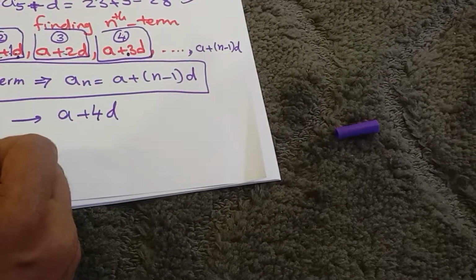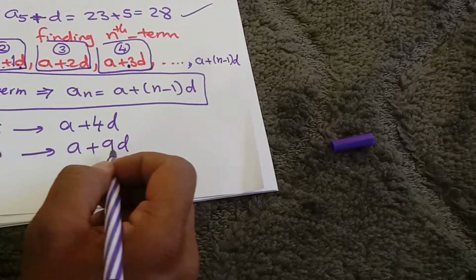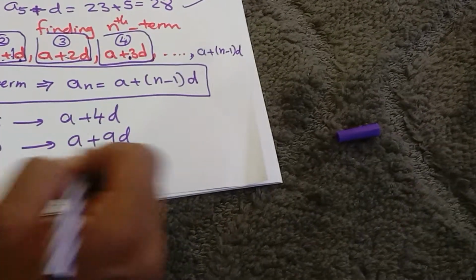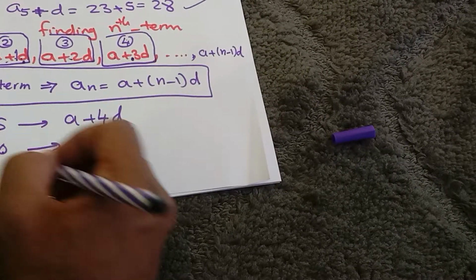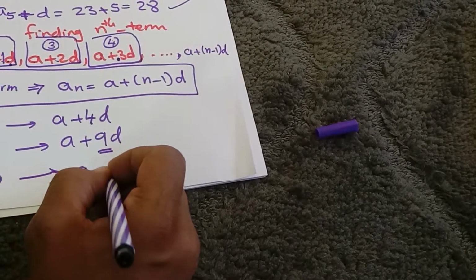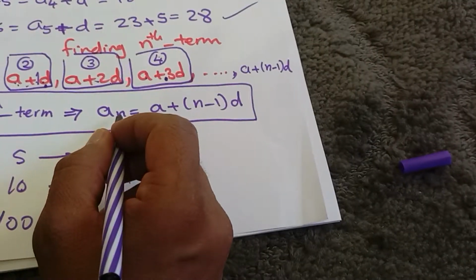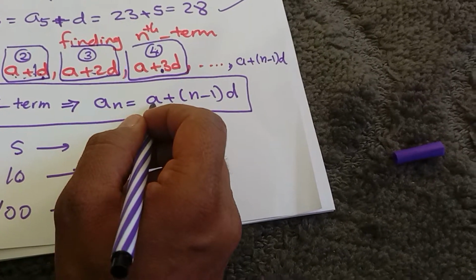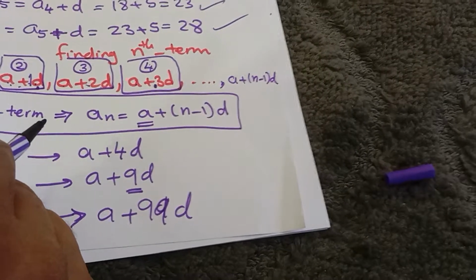And the 10th term, for example, is a plus 9d, that is 10 minus 1, which is 9. If you want the 100th term, that's a plus 100 minus 1, which is 99, times d. So the nth term is an equals the first term plus n minus 1 times d. You need to memorize this formula, or understand it.